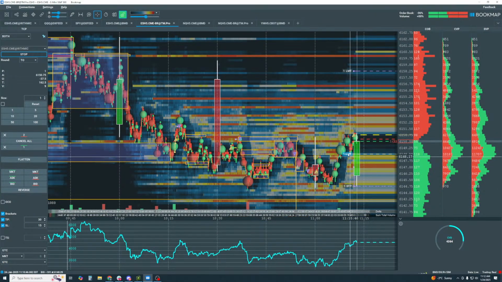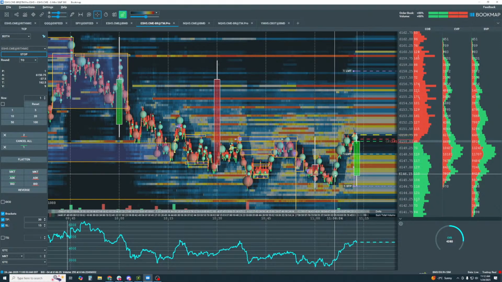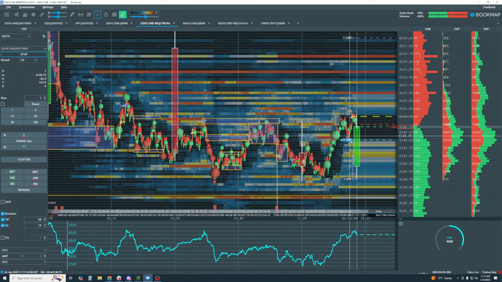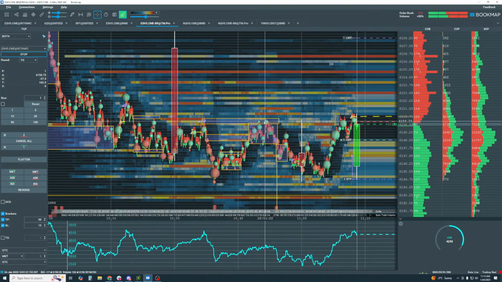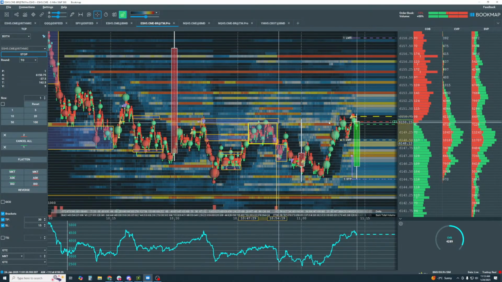Yeah, but we can get a pullback. We might even get a pullback all the way back down to here to 40.46, okay, where these buyers came in. And I'm going with this kind of volume dot here and this momentum and this auction up in here as well. So that's why I'm looking for the continuation at this point.